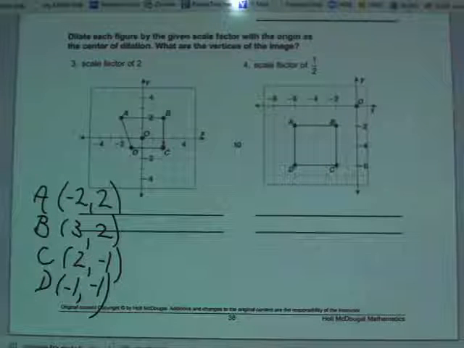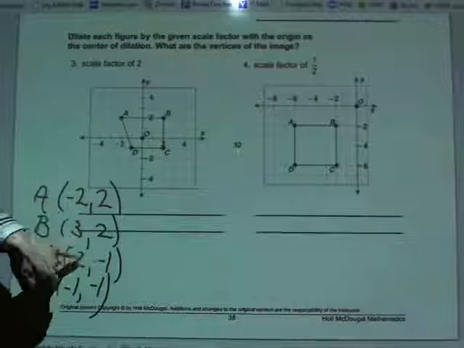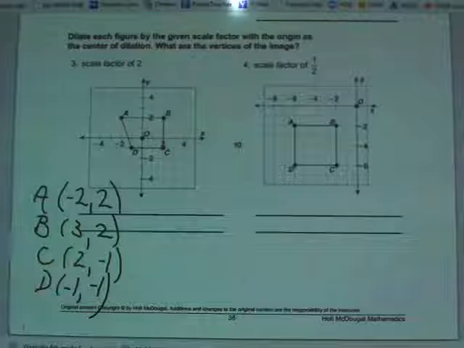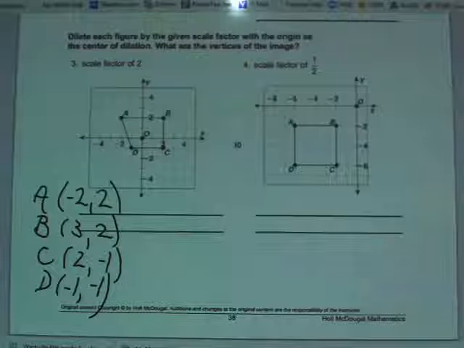What we did then, as we saw in the notes, is we multiplied by the scale factor. So whatever the number is they tell you to multiply by, you multiply the whole thing by. So since it says a scale factor of 2, I'm going to multiply each one of these by 2 to come up with the coordinates of the image, the after.